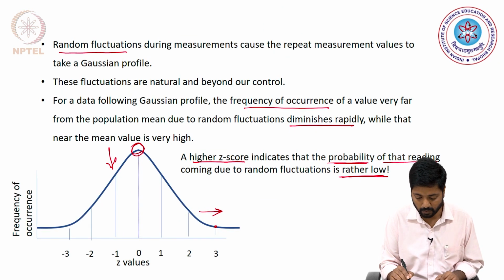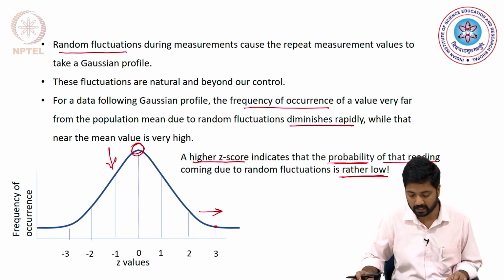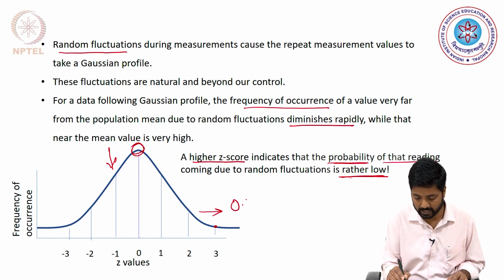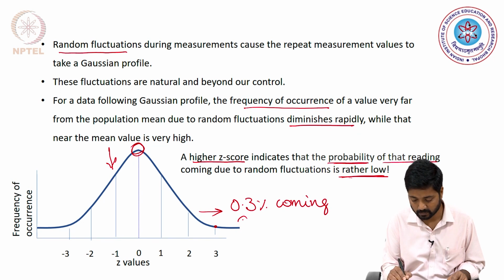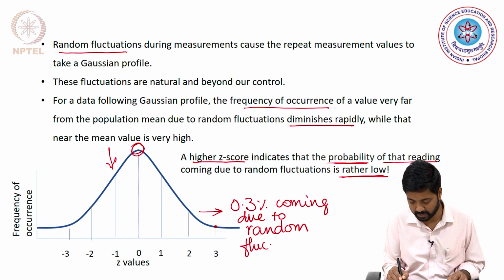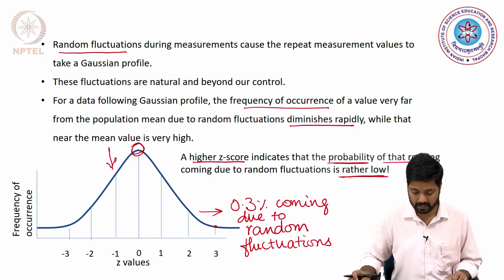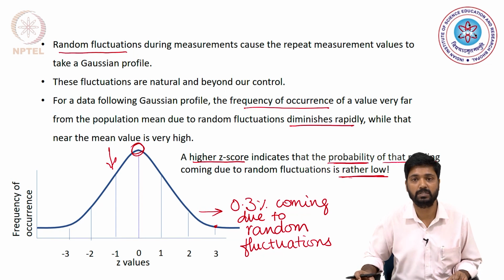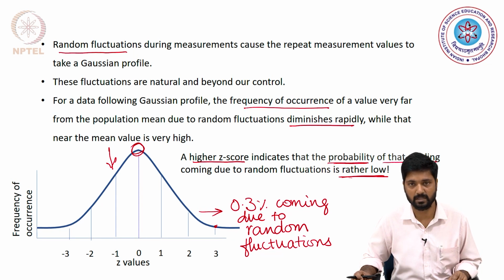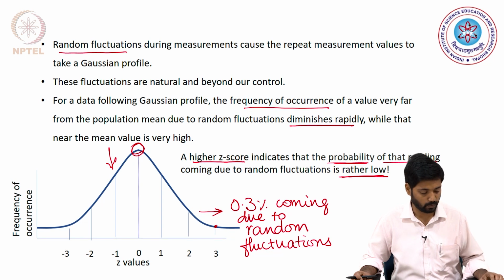The probability of this point with a high z score of plus 3 coming due to random fluctuations in our measurement is only 0.3%. That means this data point with a z score of plus 3 is considered to be statistically quite significant.